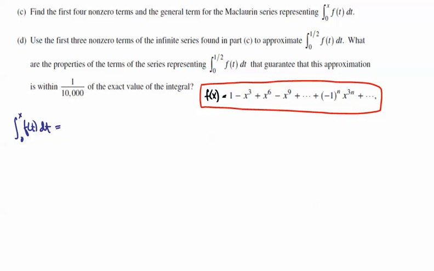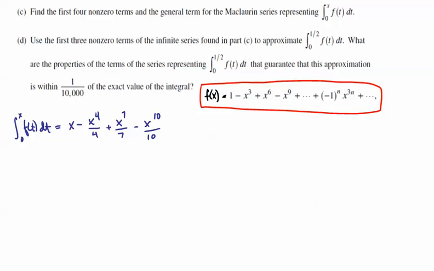So the integral of 1 is x, minus x to the fourth power over 4, then plus x to the seventh power over 7, minus x to the 10th power over 10.